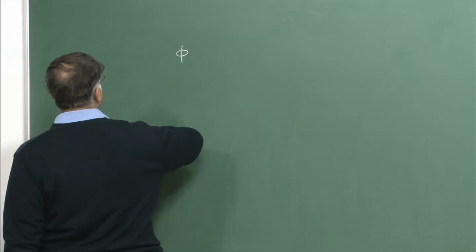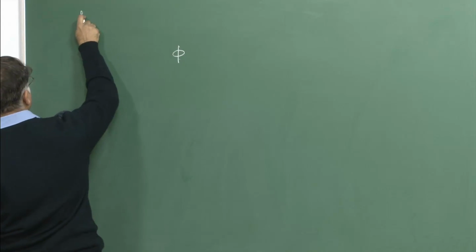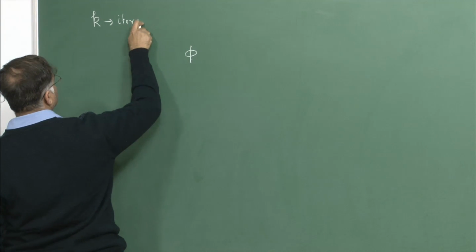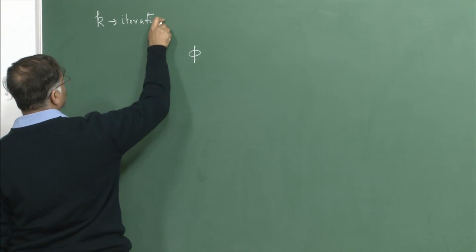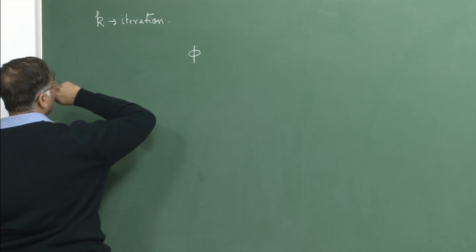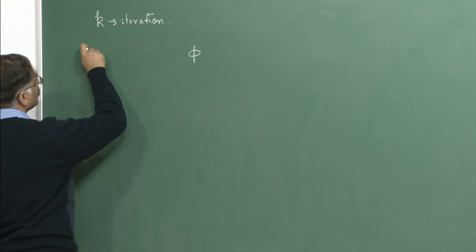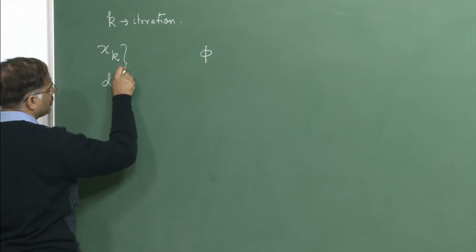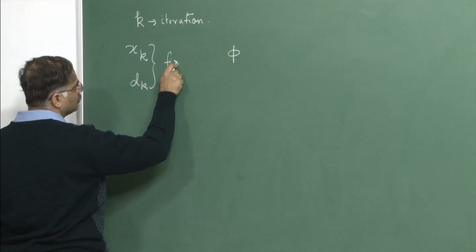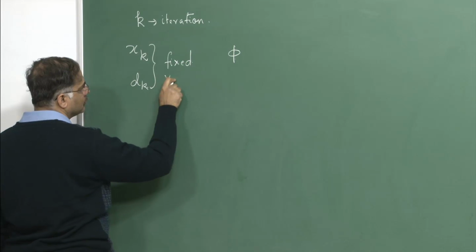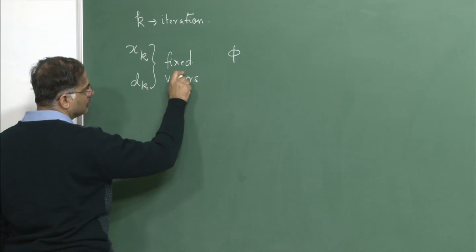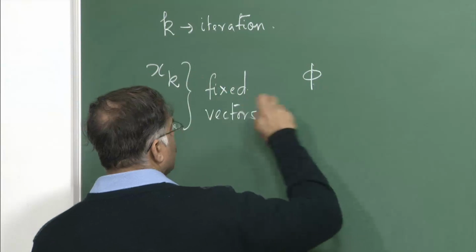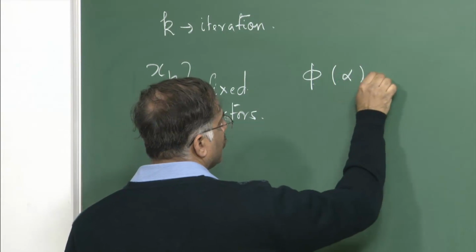Once I know my xk, for a fixed given k, the kth iteration, this xk and dk are now fixed vectors. So once these are fixed vectors, let me construct this function phi of alpha.